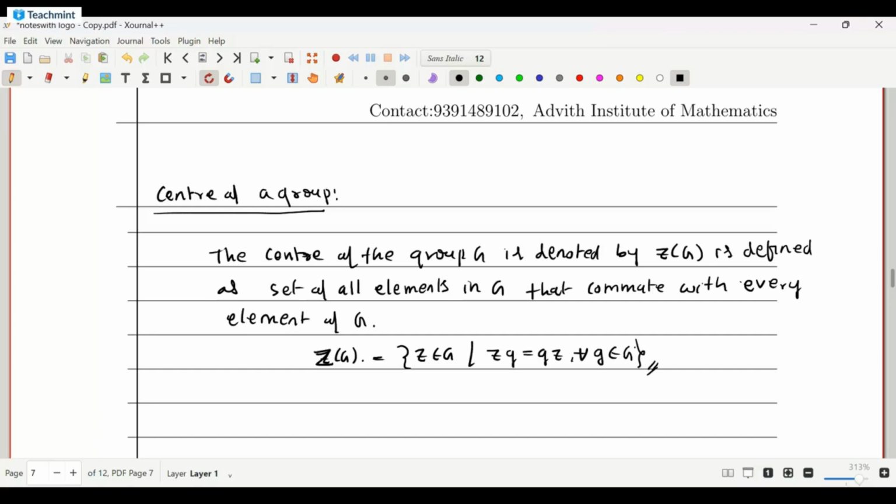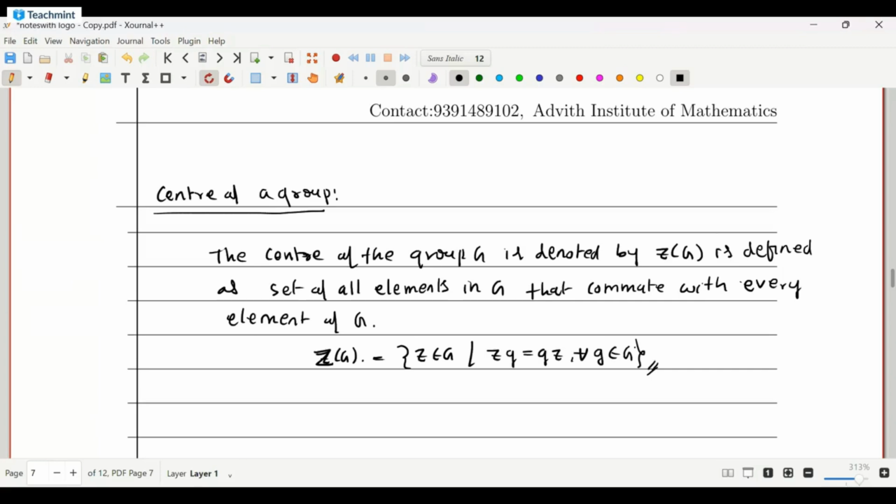Those persons who are close to everyone in that family are called the center of the family. As well, the center of the group is the set of all elements that commute with every element of G.